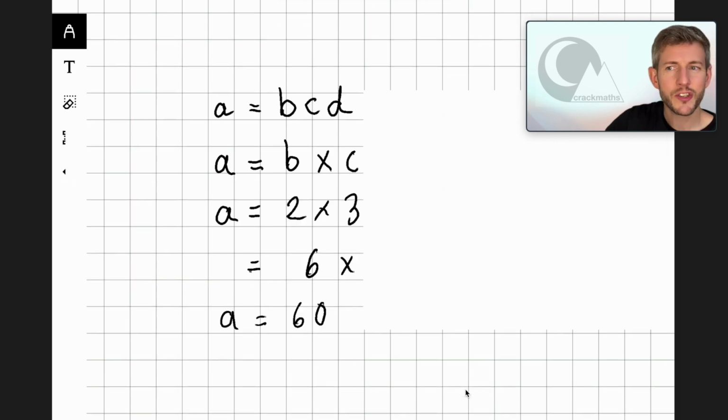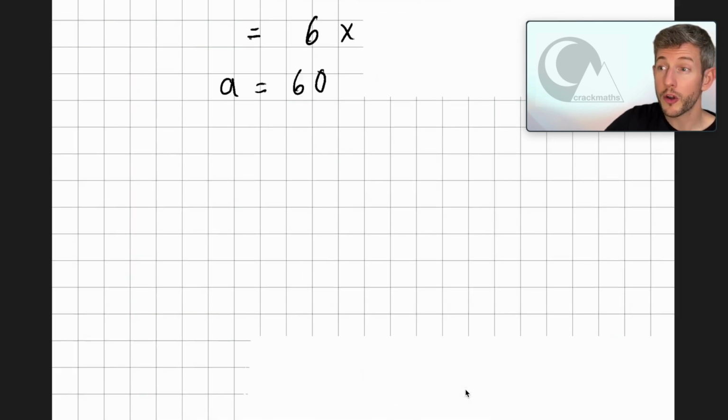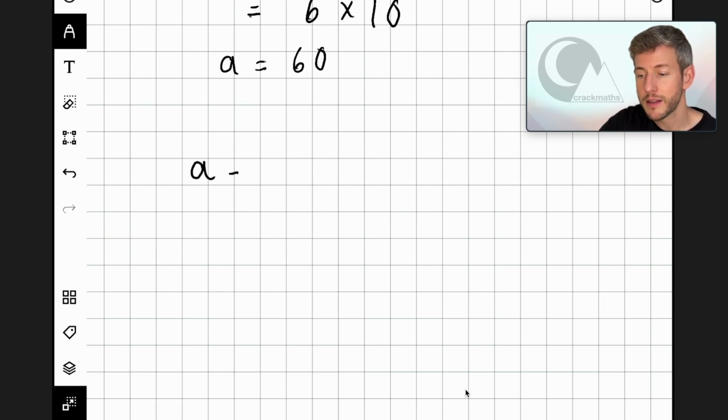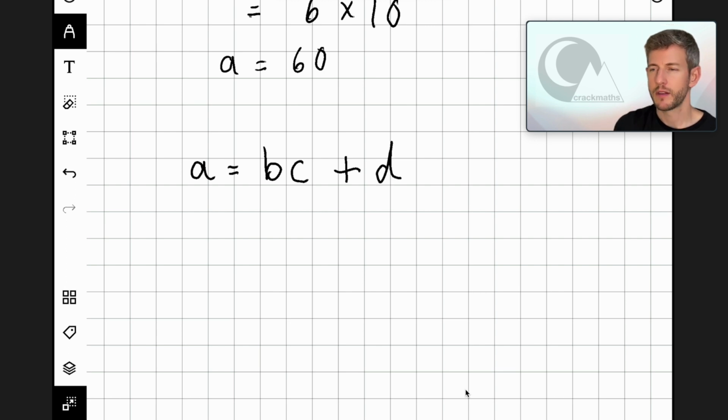Okay, let's try another one where we've got a combination of adding and timesing. So let's say this time A equals BC plus D. So we have A, this is what we're going to work out, BC, so this means two letters written next to each other, so that means we multiply them together.